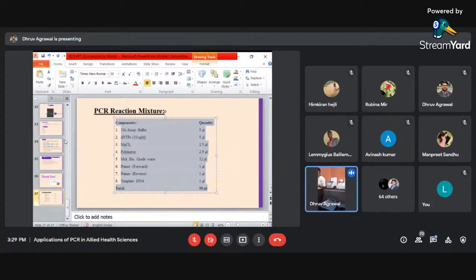If you have only one strand which will be amplified, that reaction will run only in a linear fashion: 1, 2, 3, 4, and 5. Because after each cycle, your second strand will go into the dustbin or waste.